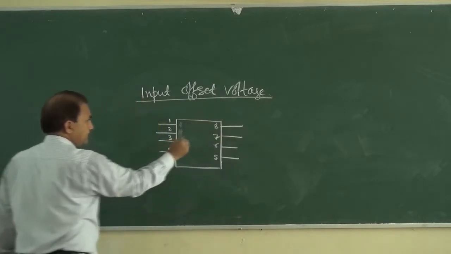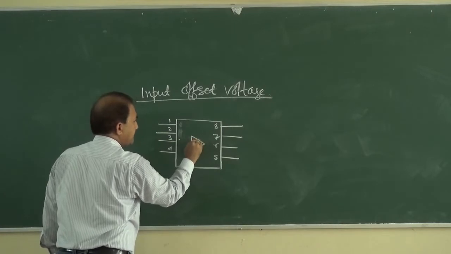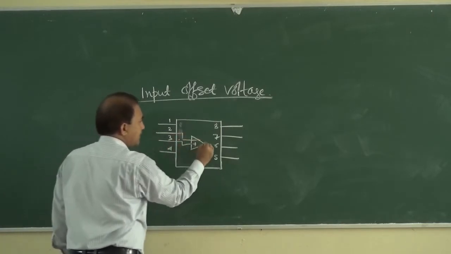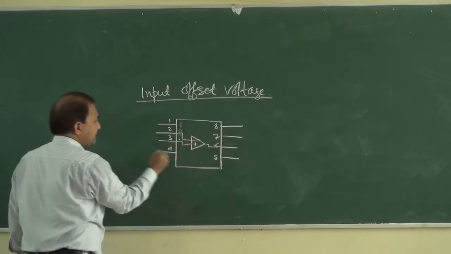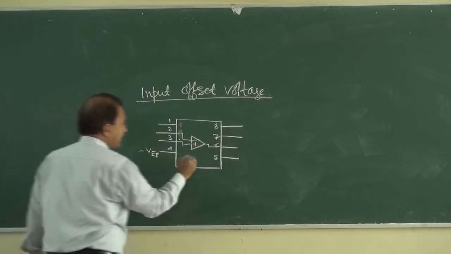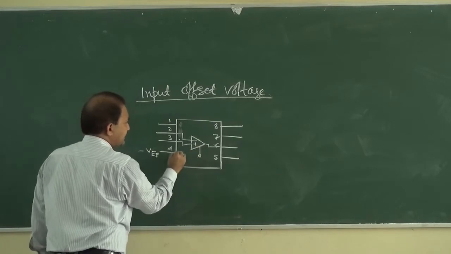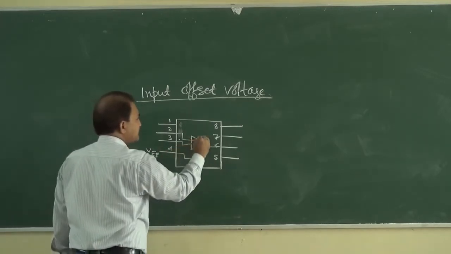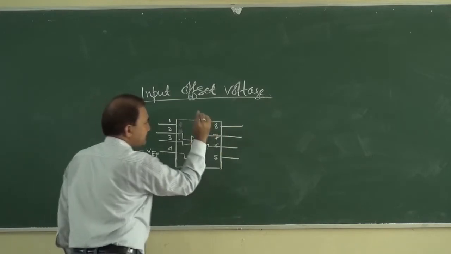Okay, now this is operational amplifier. Output is connected to pin number 6. Okay, and this is minus VEE, it is connected to pin number 4, and plus VCC is connected to pin number 7.